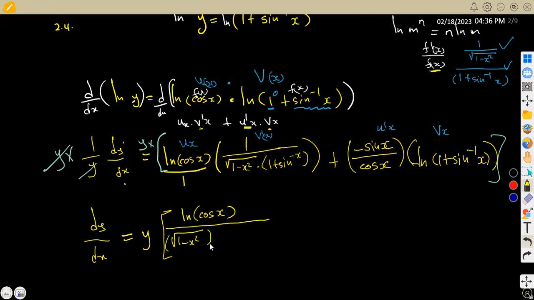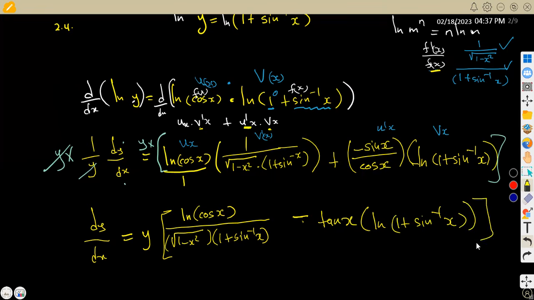We can just put this in a bracket, times 1 plus the arcsine of x. Whatever we have here is going to be a negative because it was negative sine over cos. So this can be negative tan x into ln of 1 plus arcsine of x like this, all right? So this can be written in this manner.